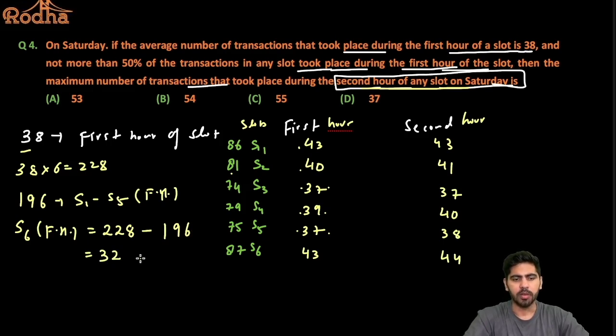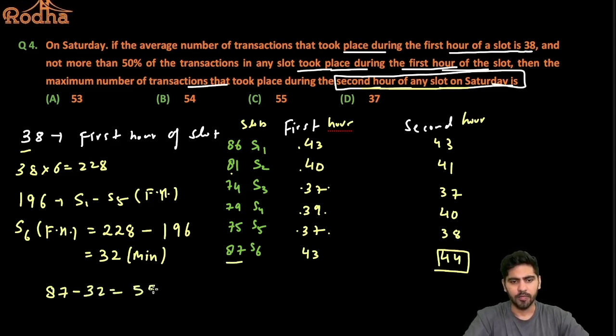So if 32 is the minimum possible value of the number of transactions in the first hour of the sixth slot, the second hour of the sixth slot will automatically be maximized, right? So if this is 32 and the total number of transactions is 87 in the sixth slot, right? So can I say the number of transactions in the second hour of the sixth slot is nothing but 87 minus 32, that is 55. And that should be my required answer.